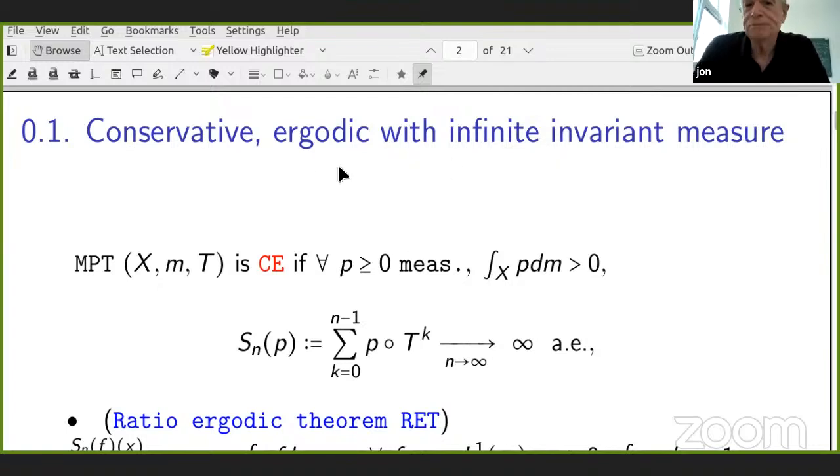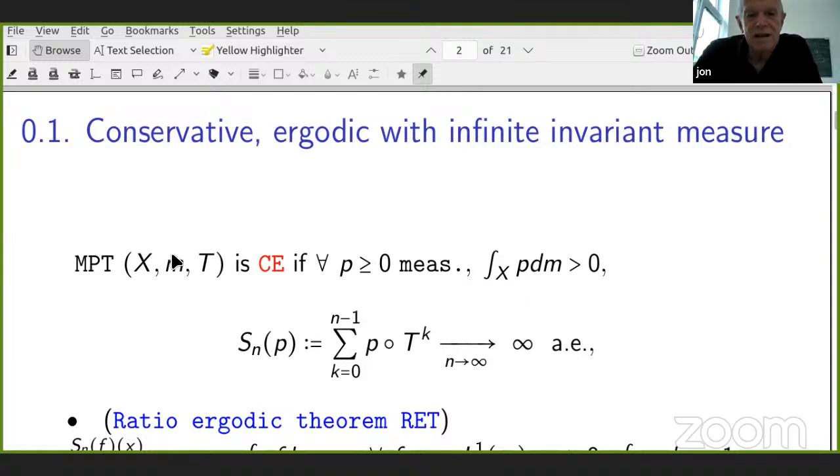And if I had an invariant set of positive measure, this would mean that it was the whole space, because it would be n times the indicator function, going off to infinity almost everywhere, so it's got full measure.